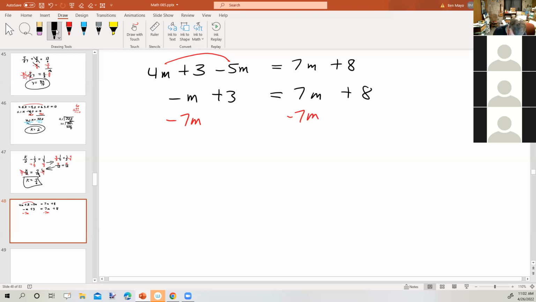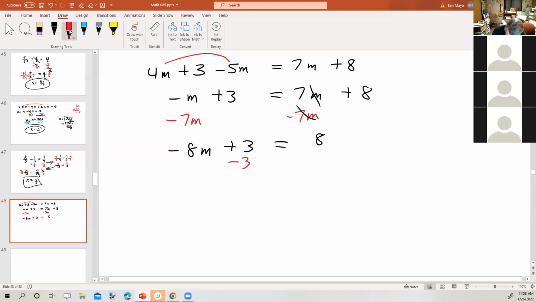So now on the left side, negative m minus 7 more m is negative 8m plus 3 equals 8. So now the variable term is just on one side of the equation. Whatever side of the equation I put the variable term on, I want to put the constant term on the other side of the equation.